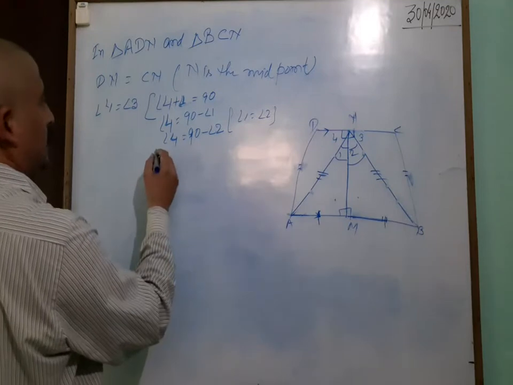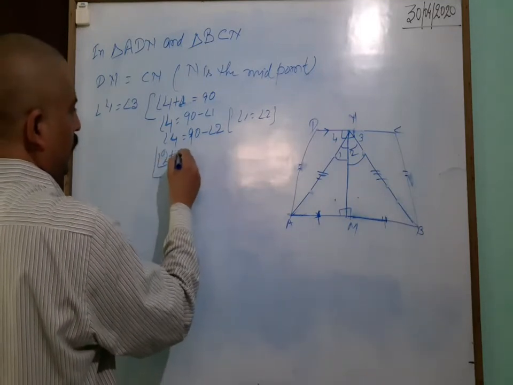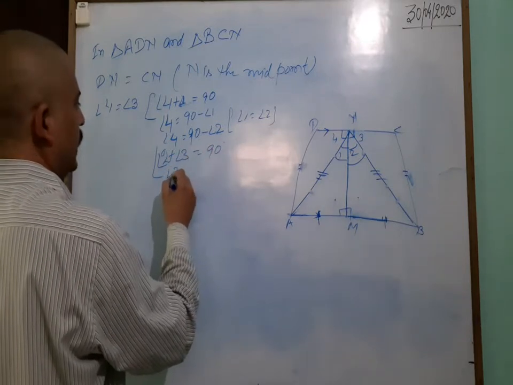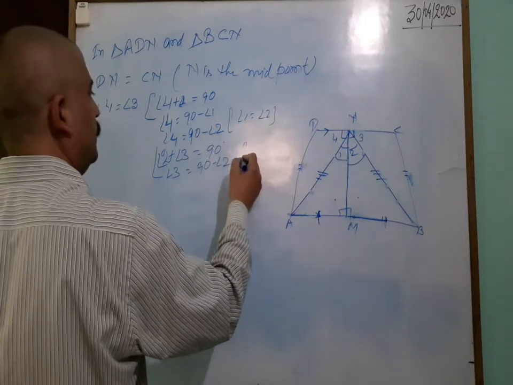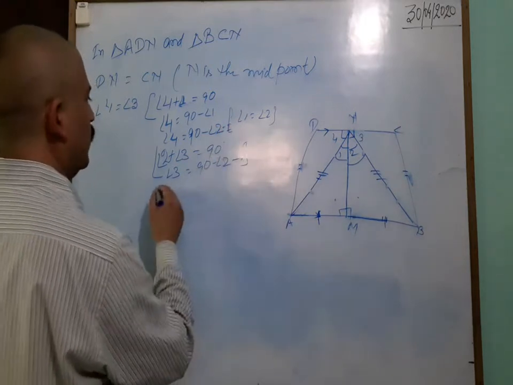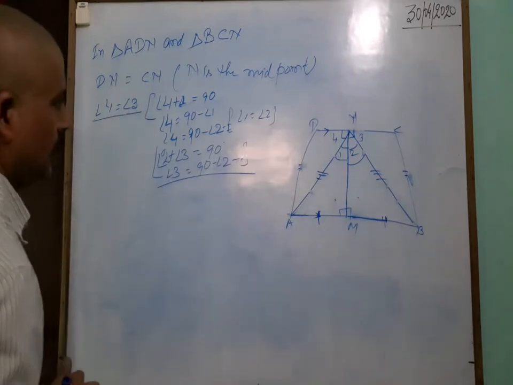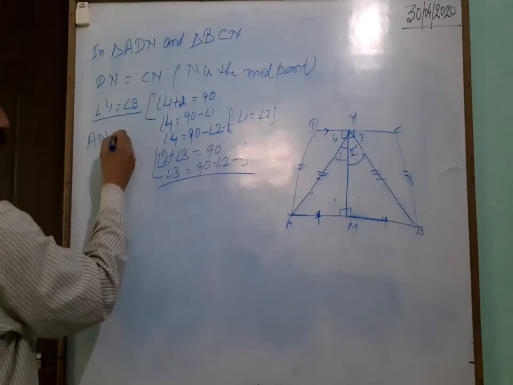Angle 2 plus angle 3 is also 90, so angle 3 is equal to 90 minus angle 2. So from these we say that angle 4 and angle 3 are equal. Also AN equals BN, above proved.